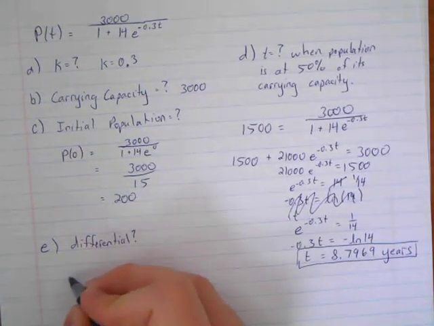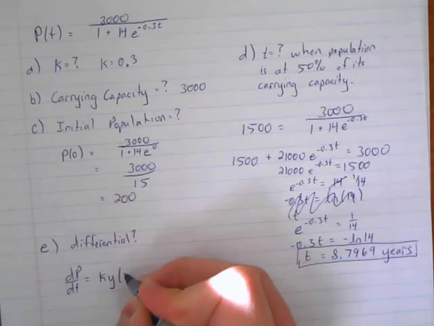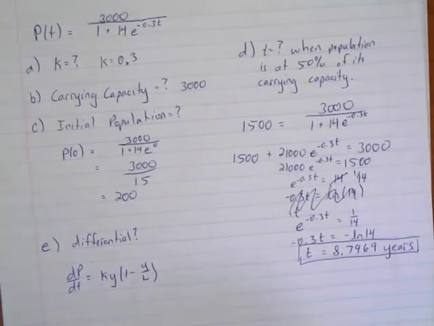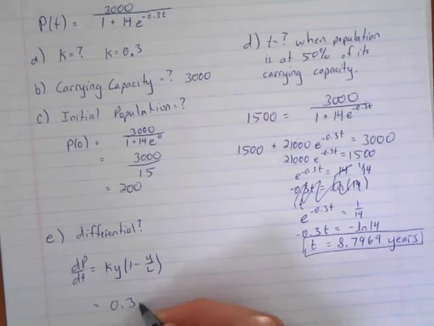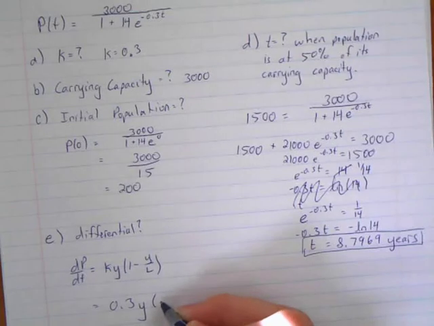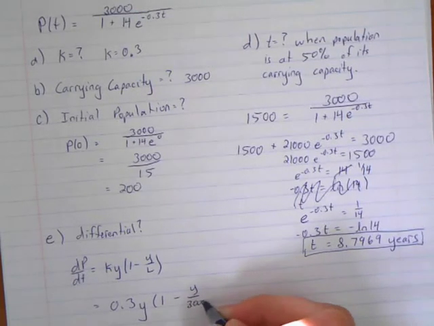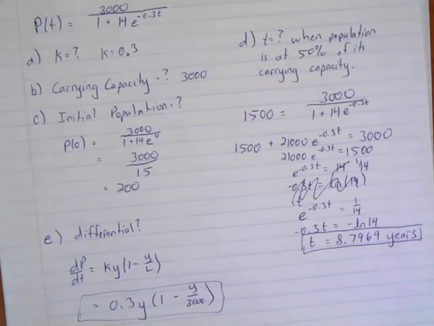This is in terms of y, so dy over dt is equal to ky times 1 minus y over L. We know what k is and we know what L is, so really the differential is 0.3y times 1 minus y over 3,000. And so that would be the differential for this particular function.